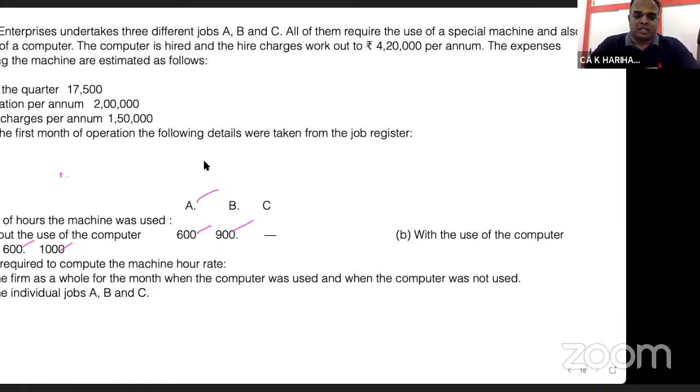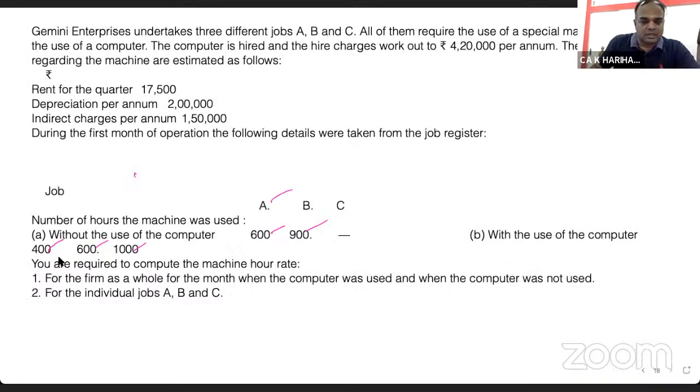Then the total number of machine hours with the use of computer: how many computer hours alone? 400 plus 600 plus 1,000 comes to 2,000 hours. Then all the info is available for what, month or quarter or annum?